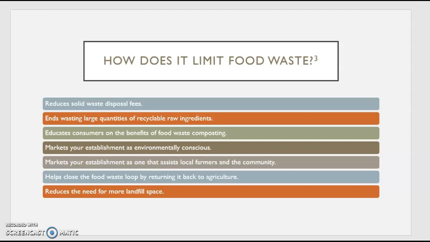It markets your establishment as environmentally conscious, and as one that assists local farmers in the community. Composting helps close the food waste loop by returning it back to agriculture. And composting reduces the need for more landfill space.